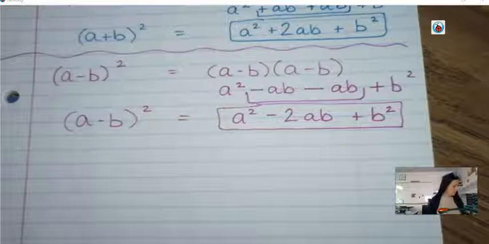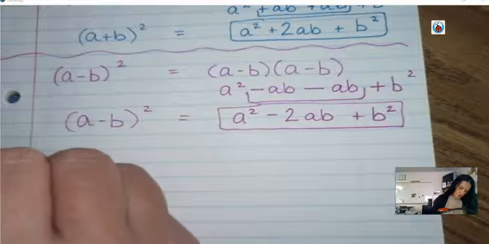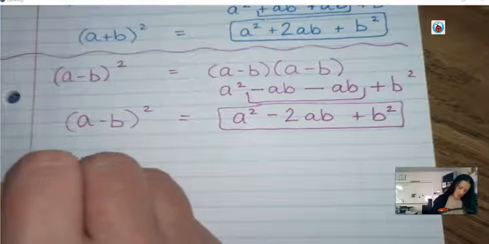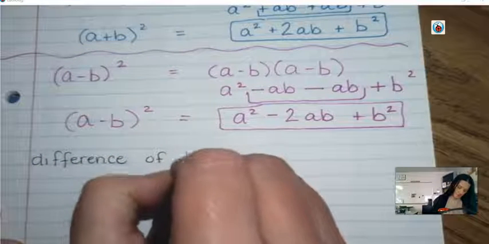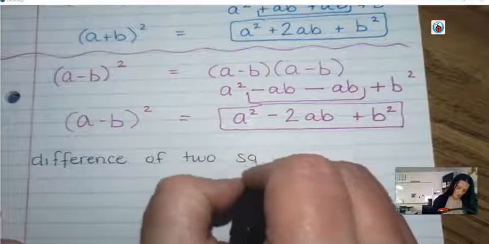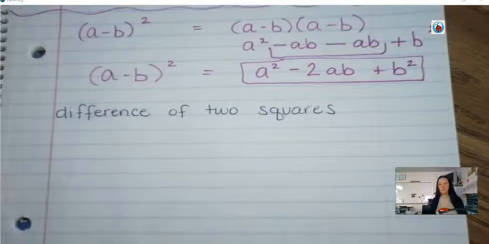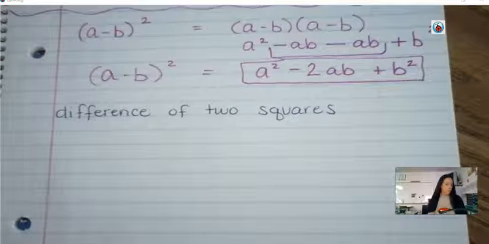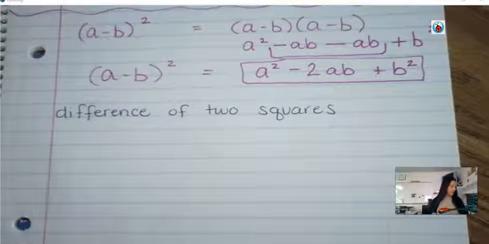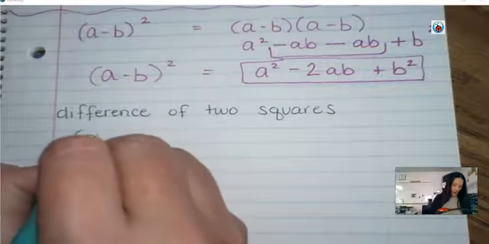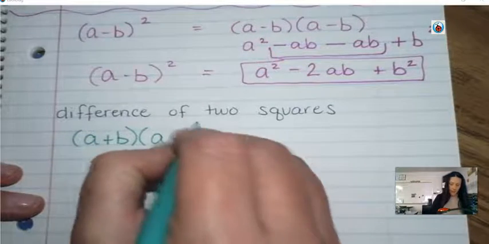Next one we're going to do is called the difference of two squares. And the difference of two squares looks like this. It'll say a plus b times a minus b.